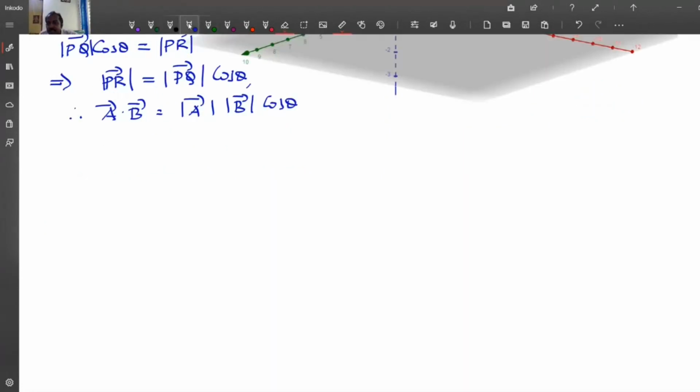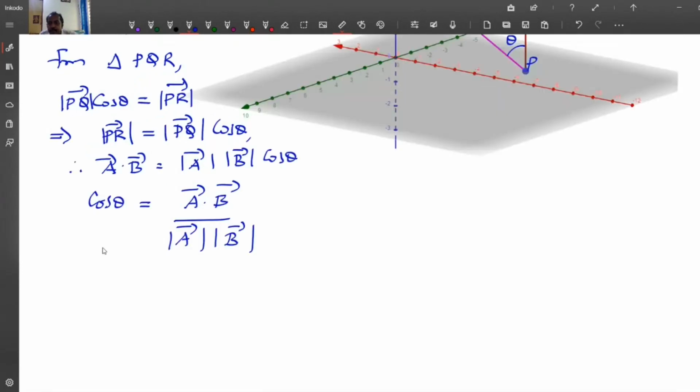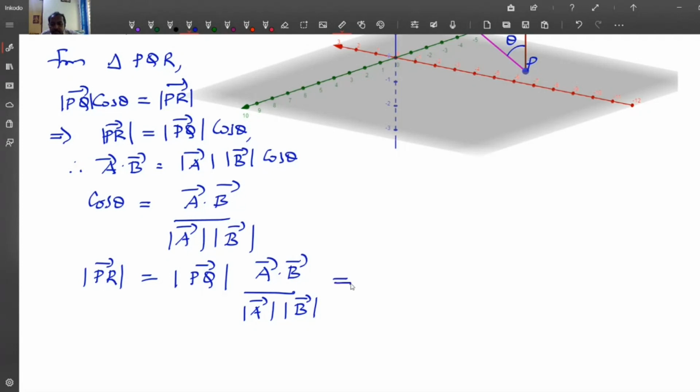So from this, cos theta is equal to A dot B divided by modulus of A into modulus of B. Therefore modulus of PR is equal to modulus of PQ into A dot B divided by modulus of A into modulus of B. And you know PQ is the vector B, so it is modulus of B into A dot B divided by modulus of A into modulus of B. So this is the modulus of the vector PR.